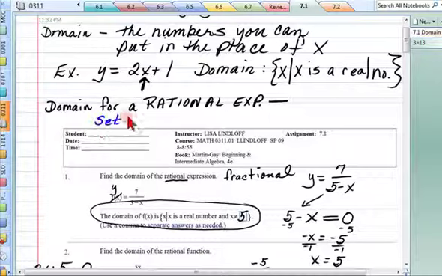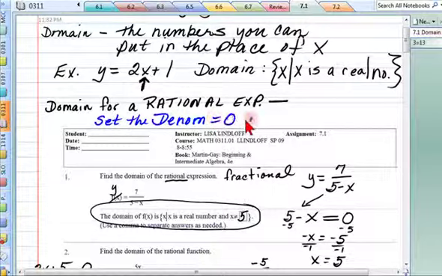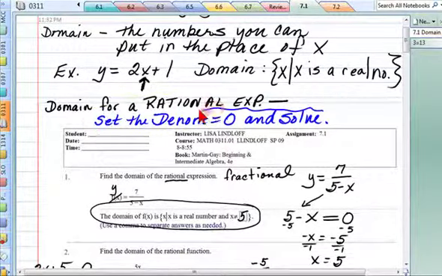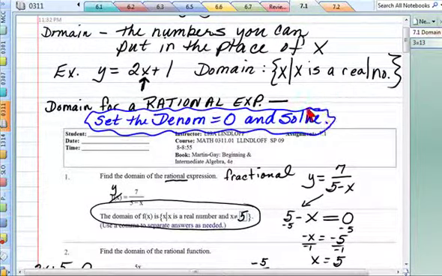Set the denominator equal 0 and solve. That's what you're going to do. Is that okay? All right.